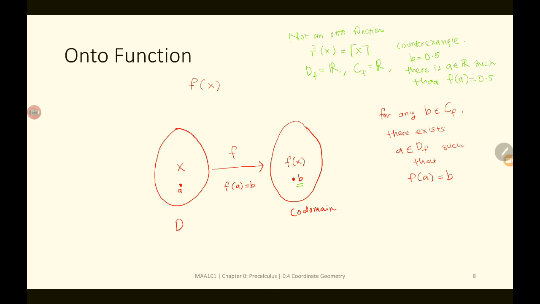If the codomain is integers, then we're good. So this is an example of a not onto function.